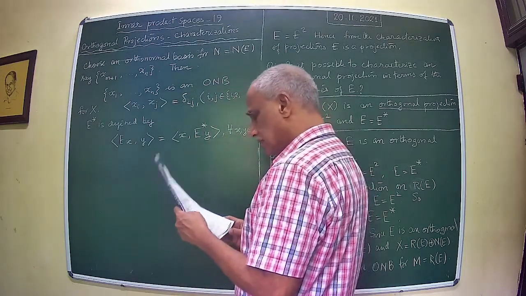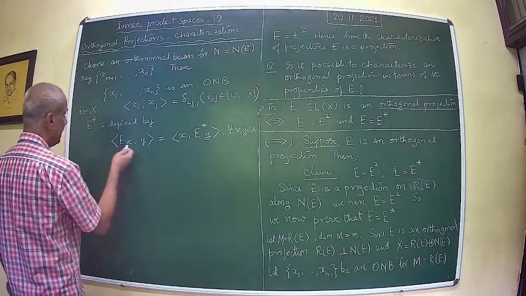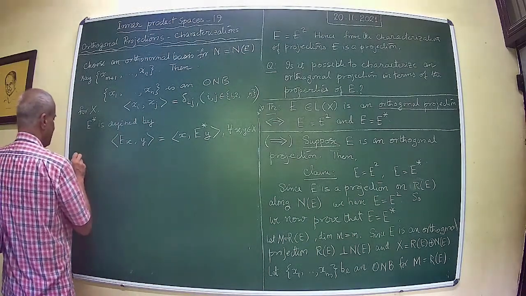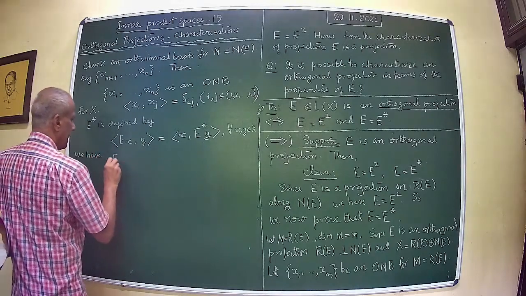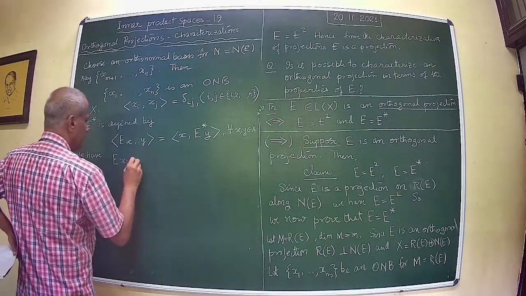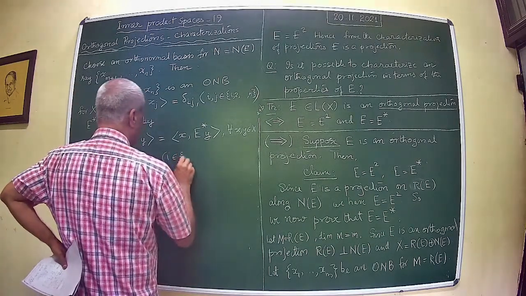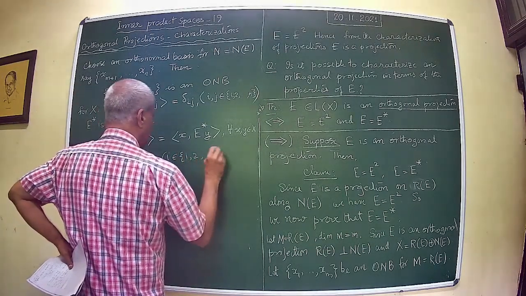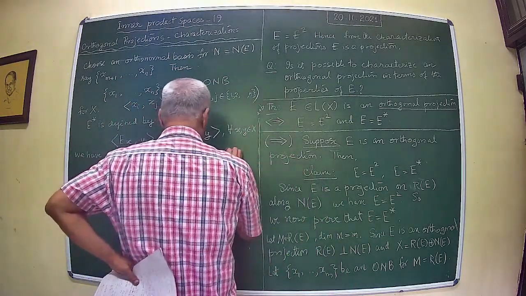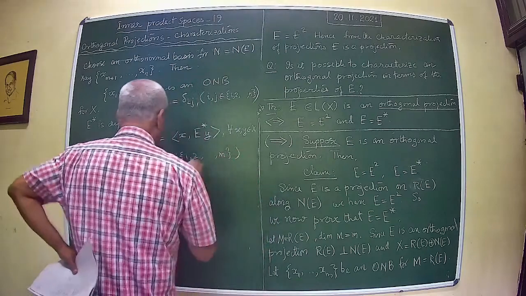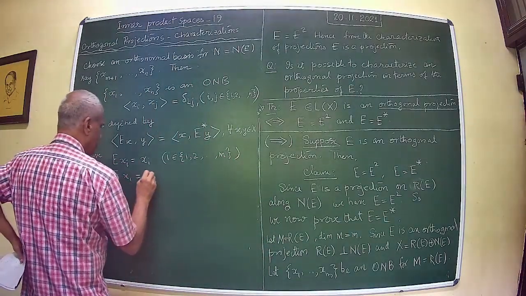Now, in particular, all that you need is what about Exi? We have Exi equal to xi for i belonging to 1 to m, and Exi equal to 0 for i belonging to m plus 1 to n.